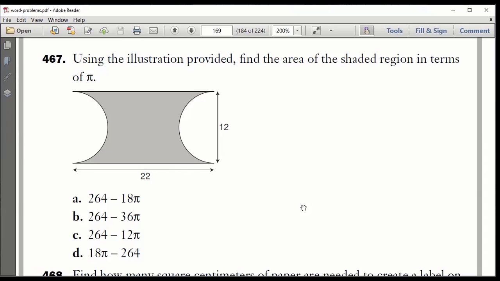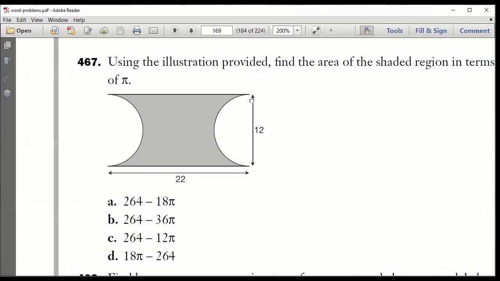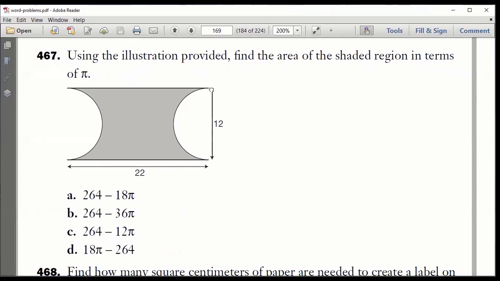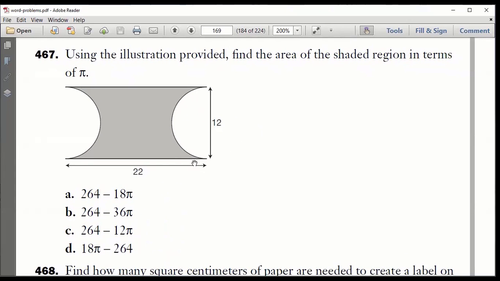What is the diameter of the circle? See this, 12. This is the diameter of the circle or not? Correct. See, the full circle is like this. Yes, sir. So the diameter is 12 and the radius is 6. You get the area of the circle.